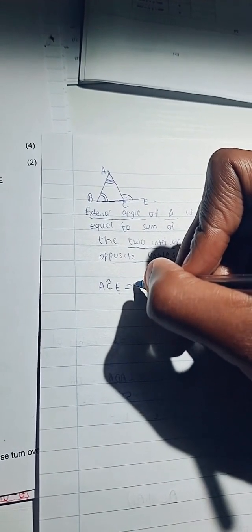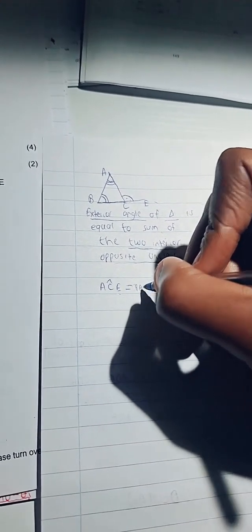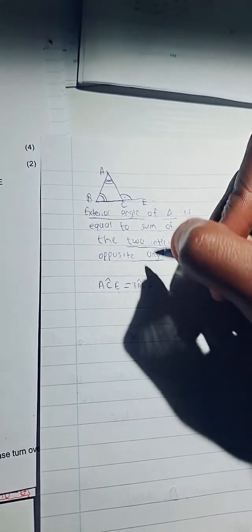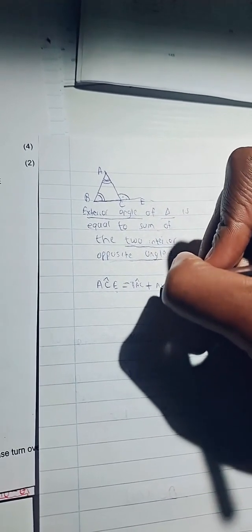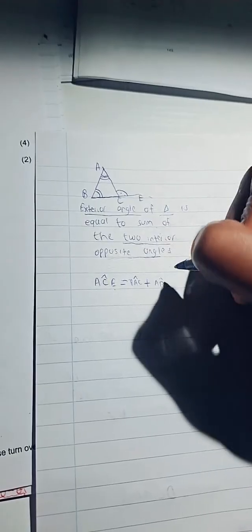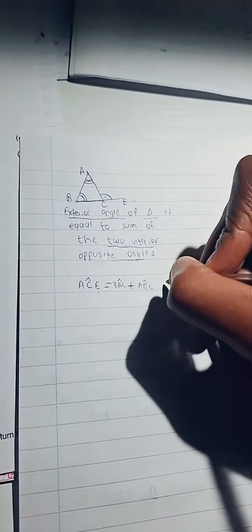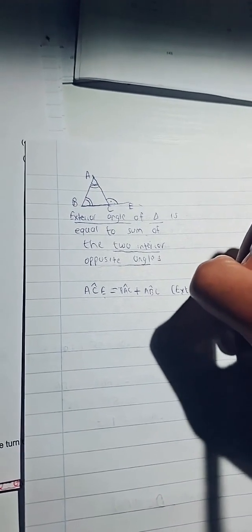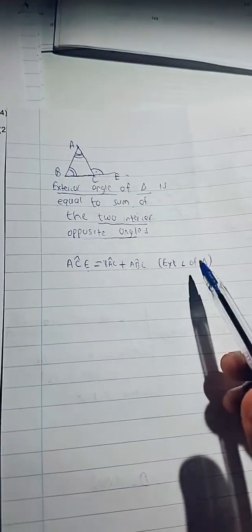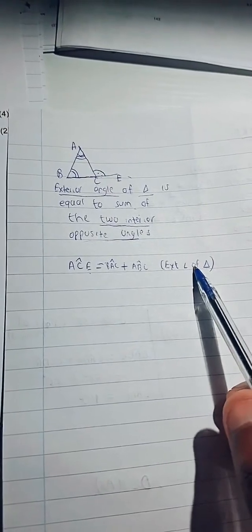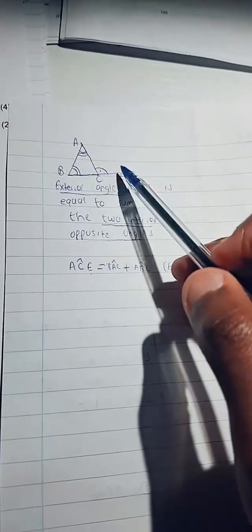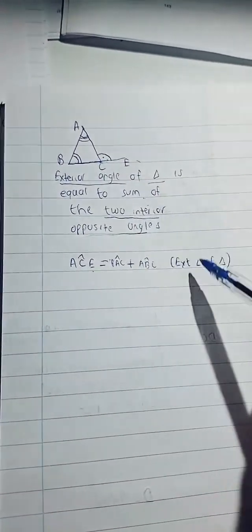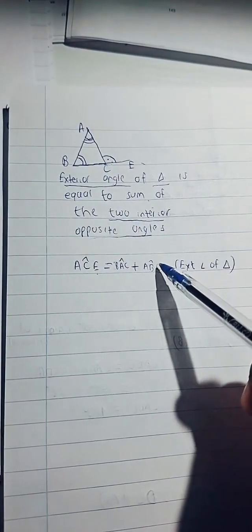That's what it means. So in other words, they are saying angle BAC and angle ABC. And our reason is exterior angle of triangle. We just write EXT angle of triangle. So this is a theorem that you need to know very well as it relates to triangles.